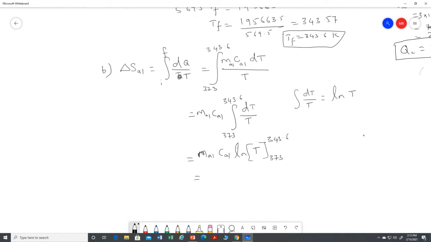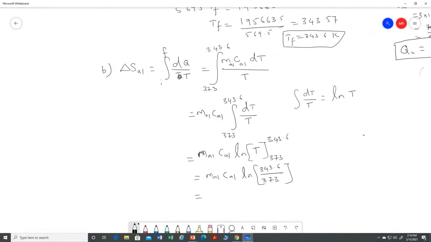Now you can substitute the values. If you substitute, what will you get, my dear? Mass of the aluminium, specific heat capacity of the aluminium, the natural log of the upper limit, 343.6, divided by 373. Now substitute the values here.